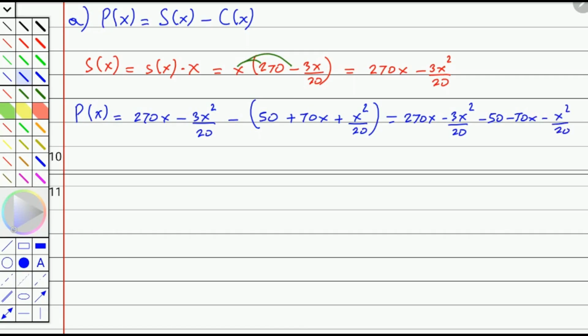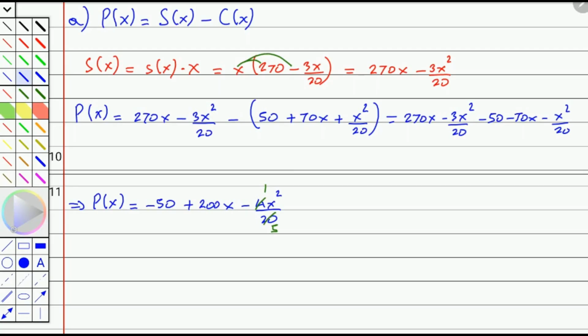So let's collect the like terms. So we will have P of x equals minus 50, then plus 200x, and minus 4x squared over 20, that we can simplify to 1 over 5.